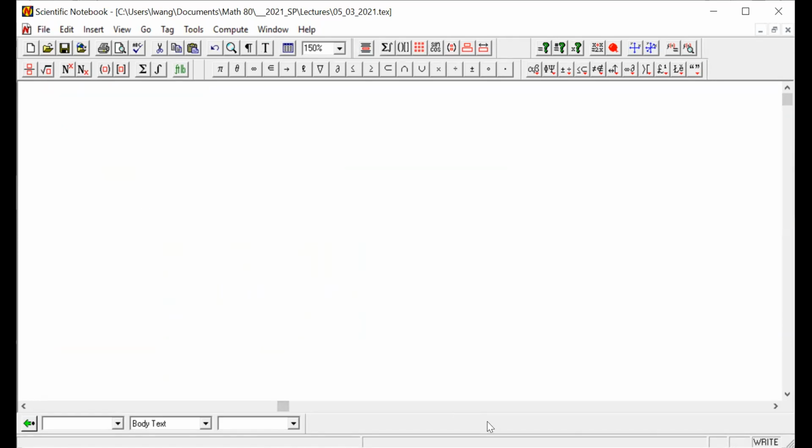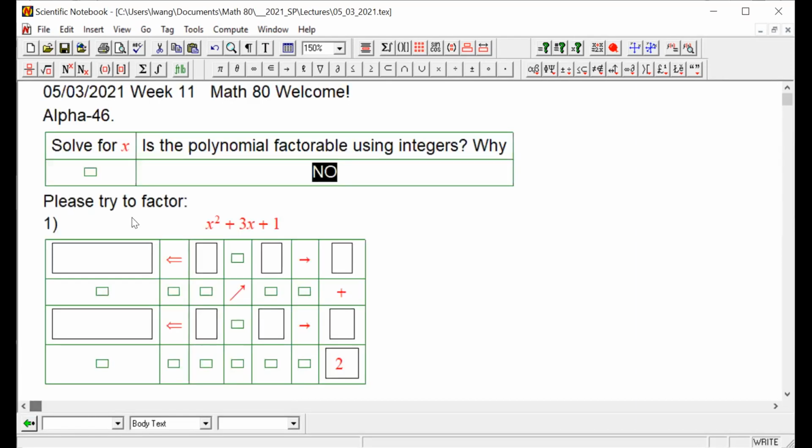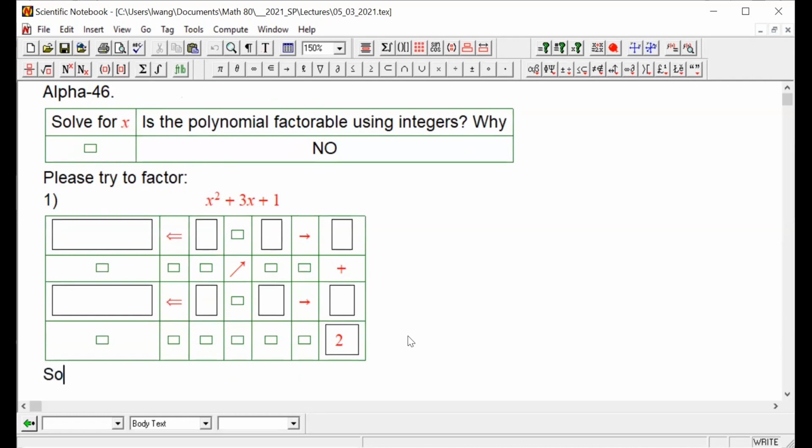It just won't work. You can keep trying, but it's not going to work. We select these questions in such a way that they're not going to work. So what you do with alpha 46, right? You just go straight using the quadratic formula. So we try to factor, it didn't work, right? So next, we just solve it.